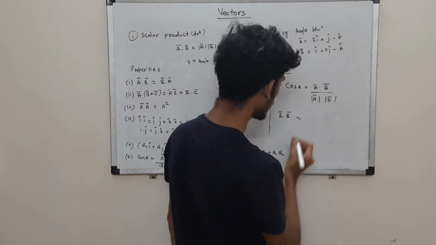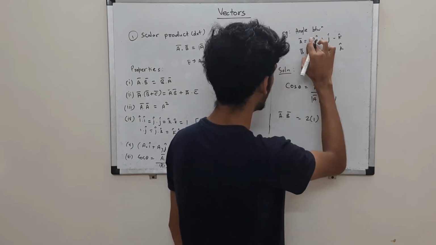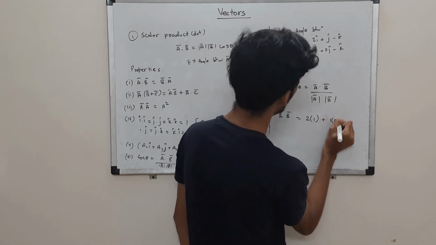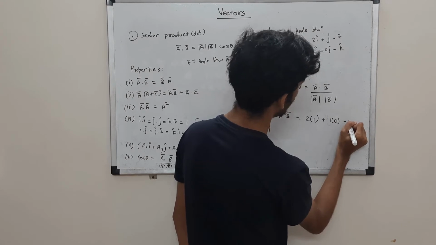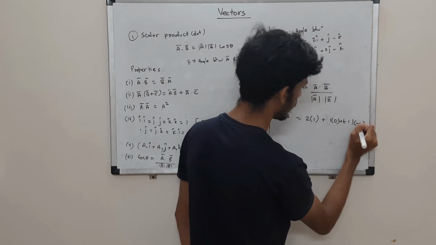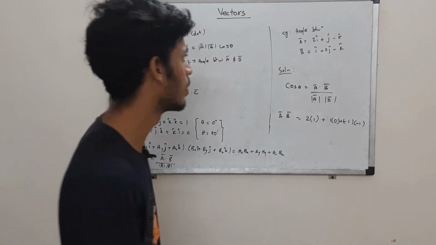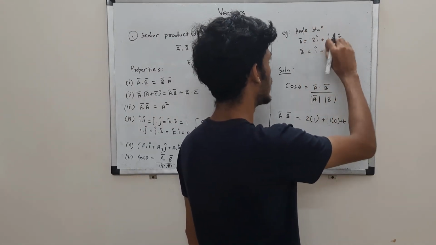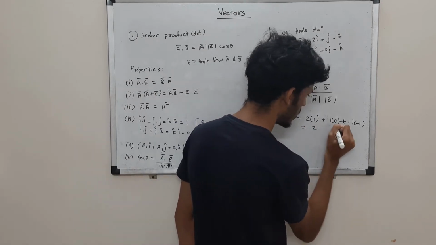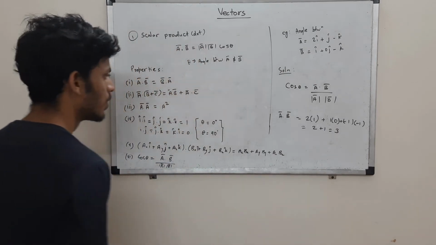So 2 into 1 is 2, then 1 into 0 is 0, and then minus 1 into minus 1 is plus 1. Carry the components with the sign. So 2 plus 1 is 3. This is a dot b.